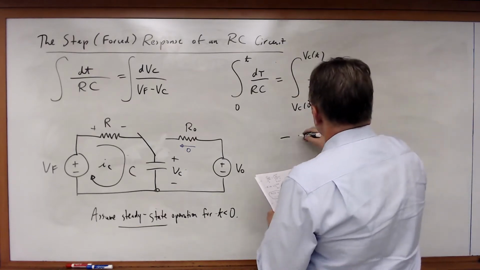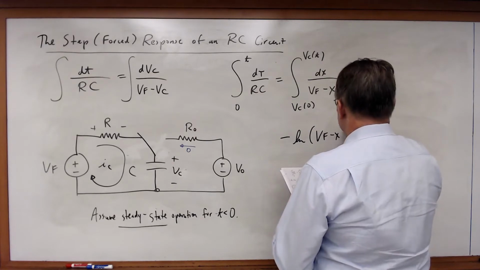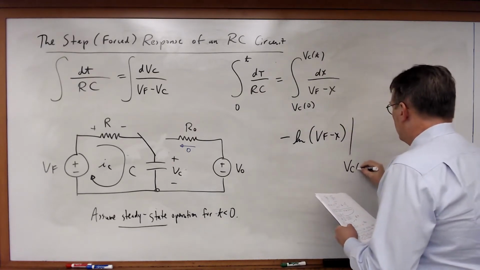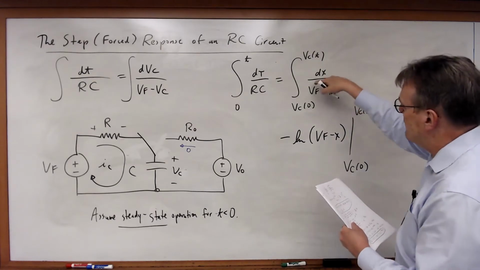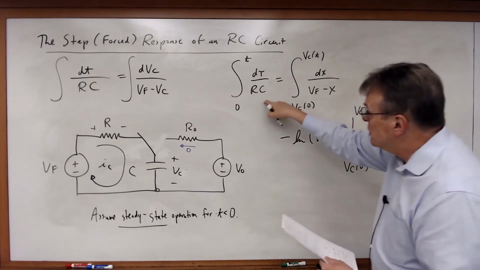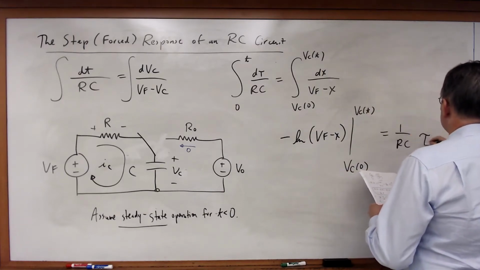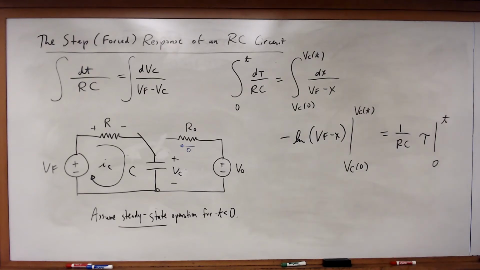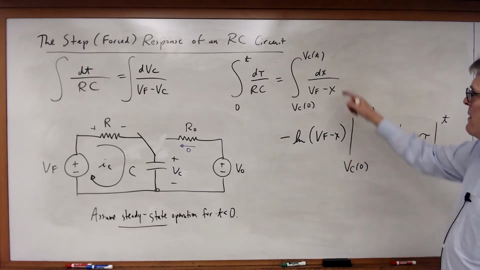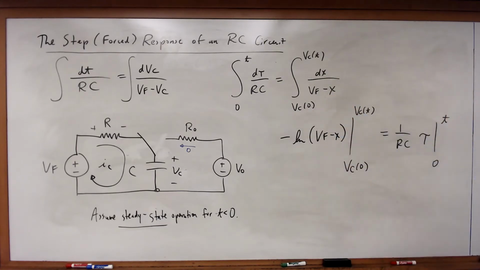So I'm going to say that minus the natural log of Vf minus x, evaluated from Vc of 0 to Vc of t, is equal to, let's evaluate this side, 1 over RC times tau evaluated from 0 to t. So dx over Vf minus x will just be minus natural log.